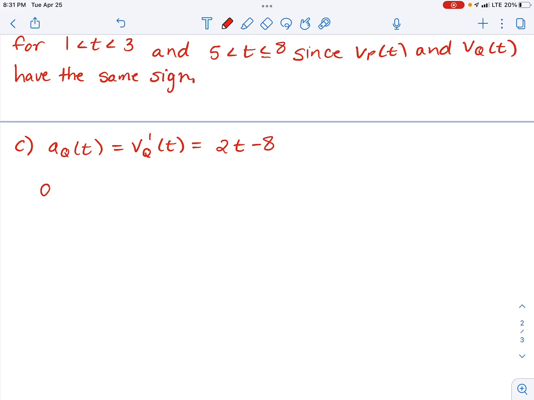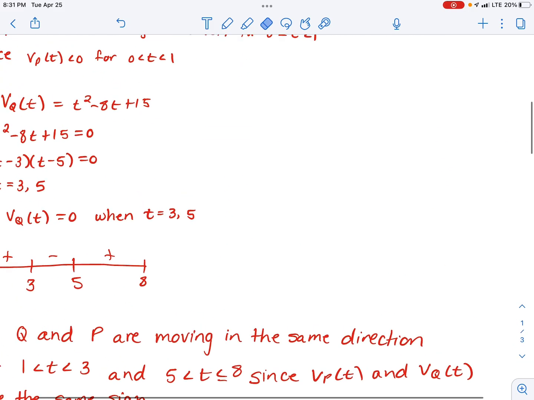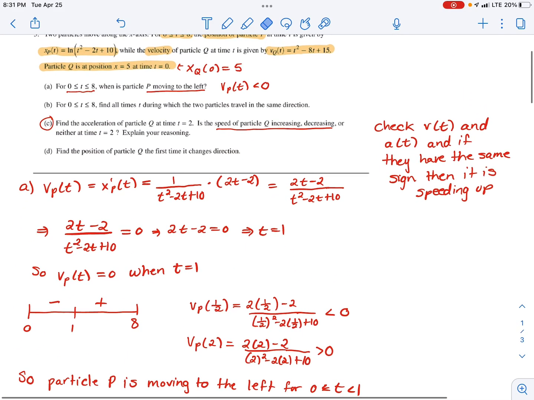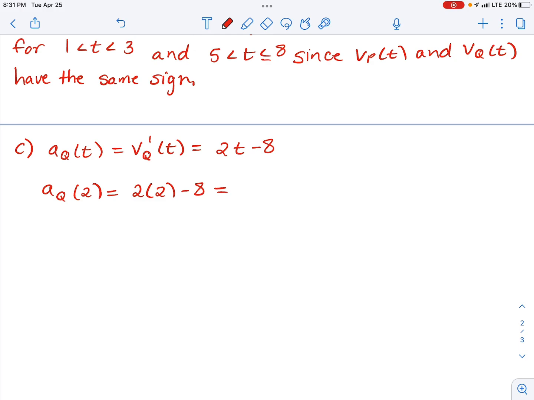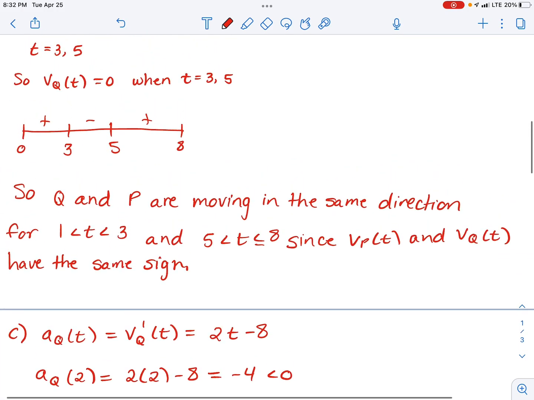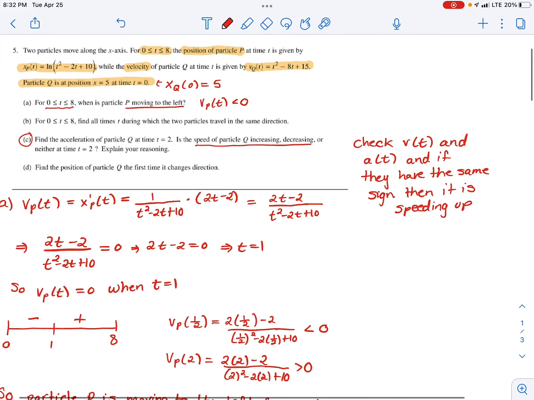And then it asked at what value was it again? At 2, right? So the acceleration at 2 is equal to 2 times 2 minus 8, which is -4. So that's negative.